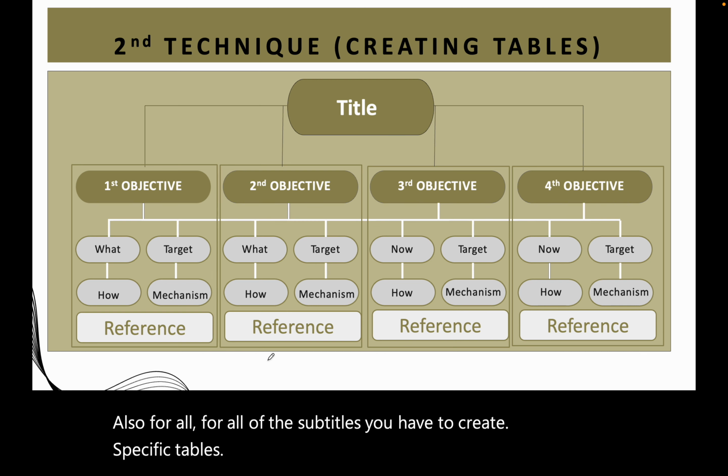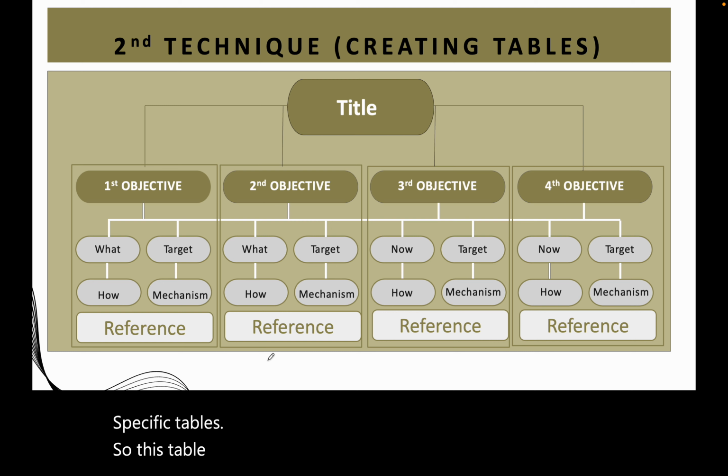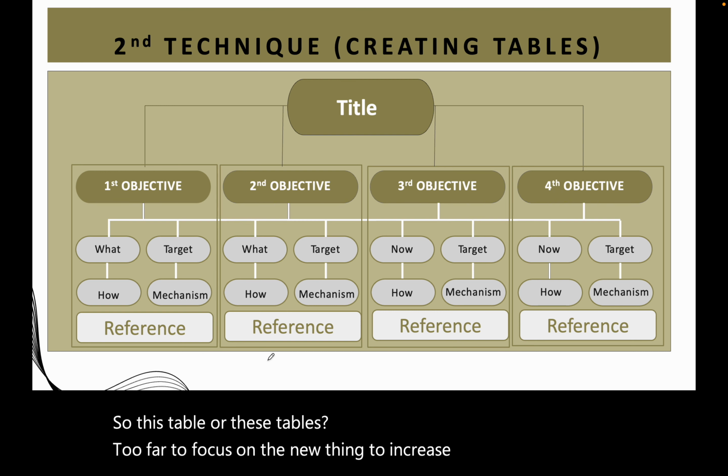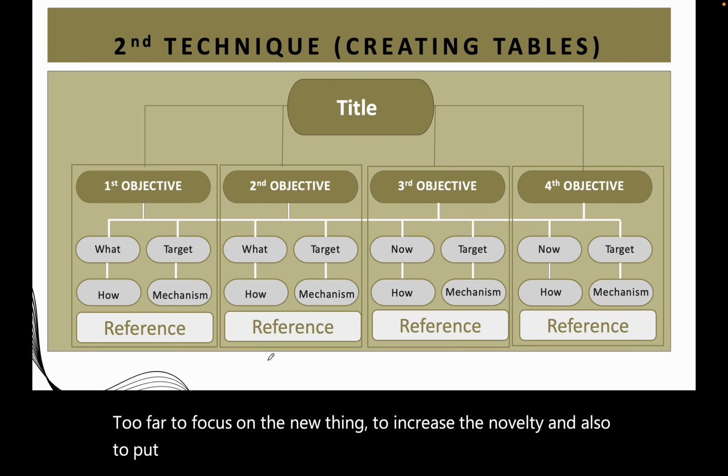So these tables help you to focus on the new thing, to increase the novelty, and also to put the table in the text, which is one of the key requirements for a review article.